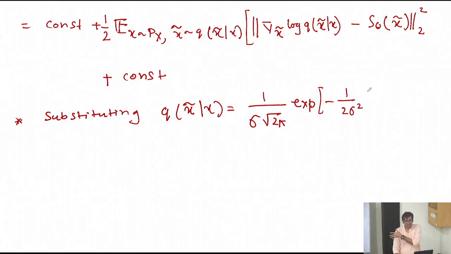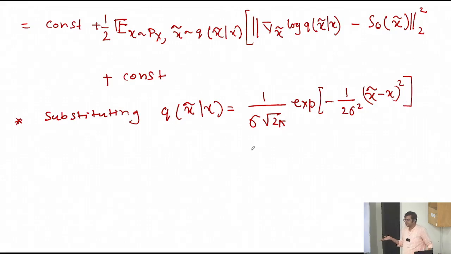You can take it a vector, nothing will change. If you take it as a vector, it will be x tilde minus x transpose, sigma square I inverse, multiplied by x tilde minus x. That's what you will get.